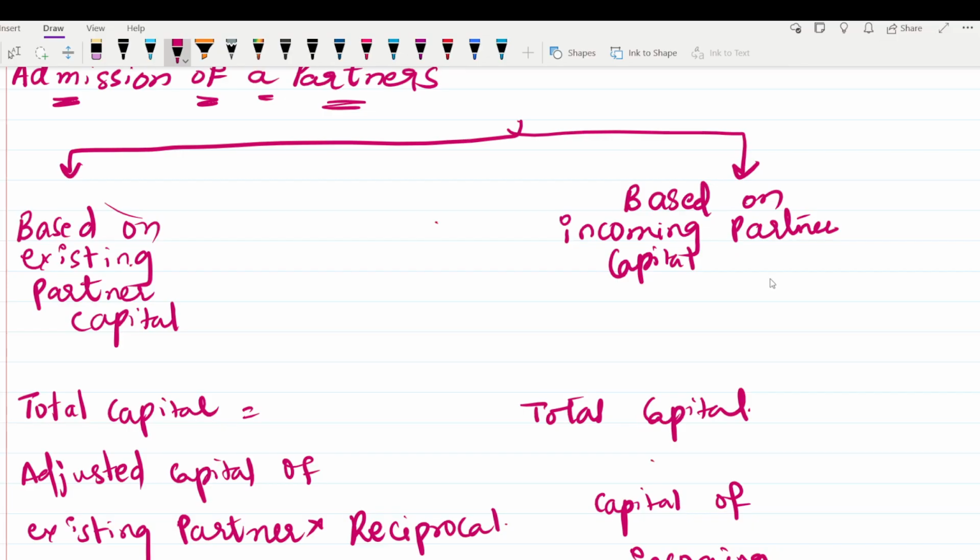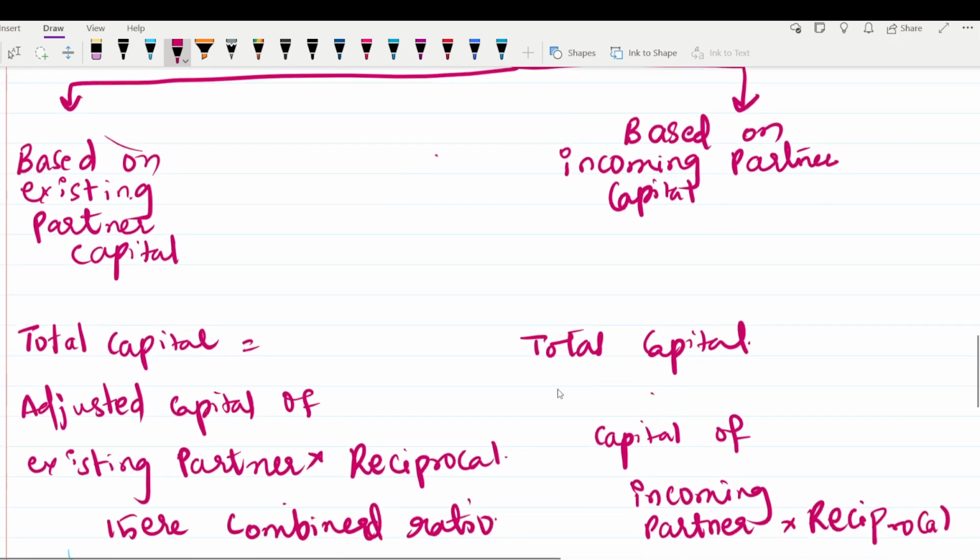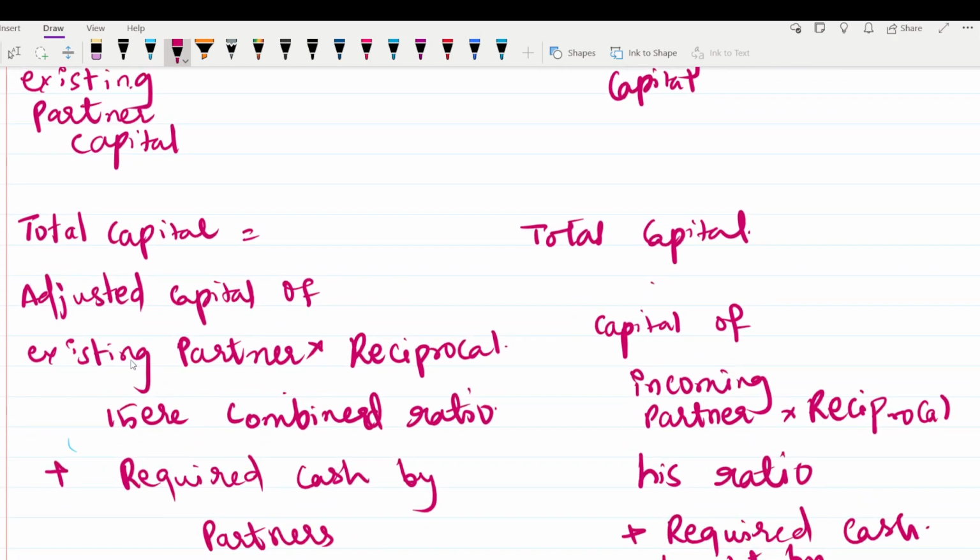So based on existing partners' capital, first you will calculate total capital, the same as earlier. Then here a small change: you will take the reciprocal of their combined ratio. What is this?